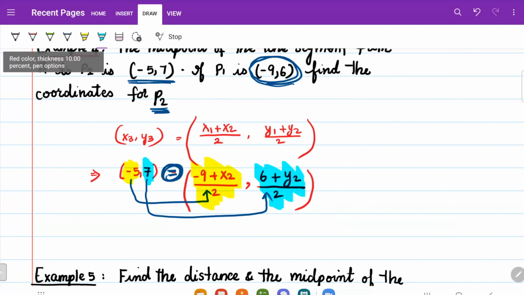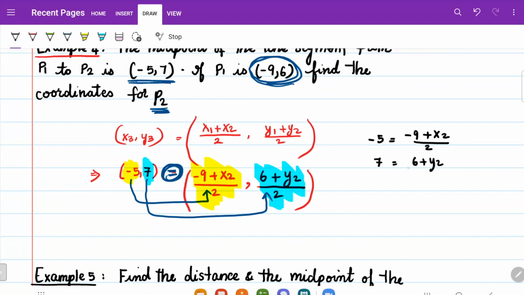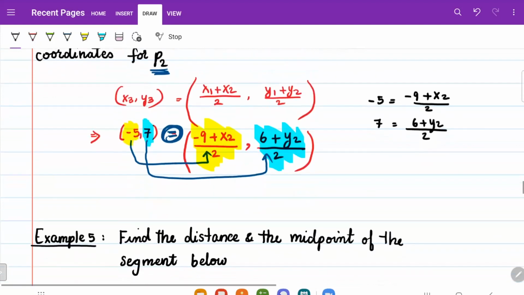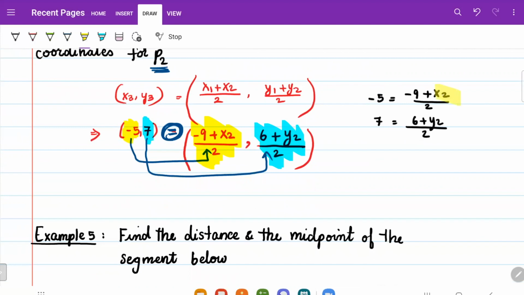Let us write it using linear equations: minus 5 equals minus 9 plus x2 over 2, and 7 equals 6 plus y2 over 2. And we are looking for the x2 and y2 values.